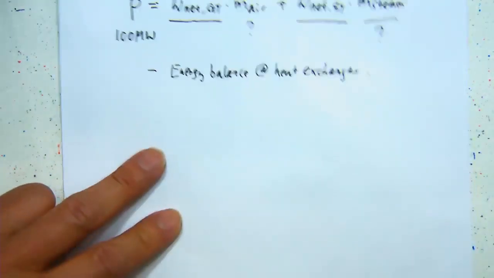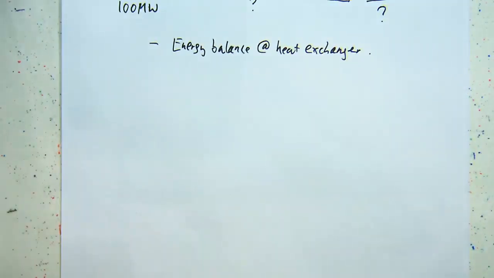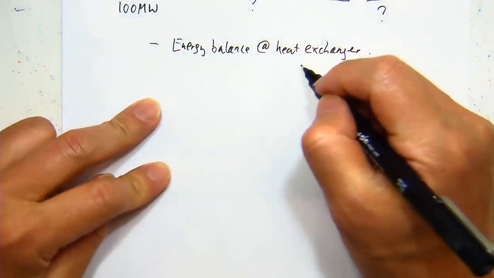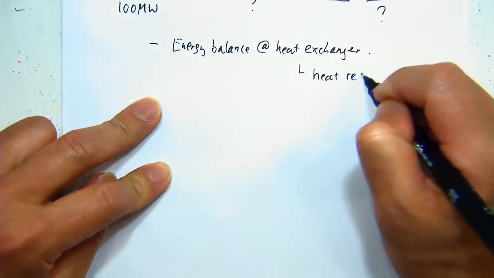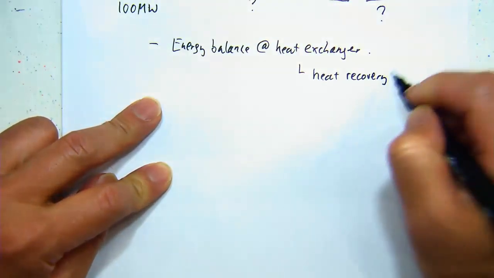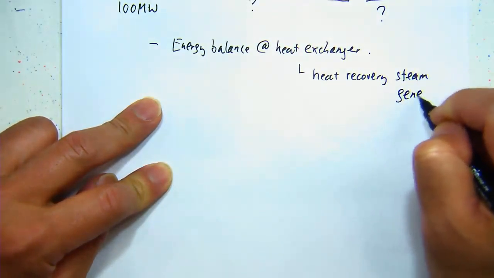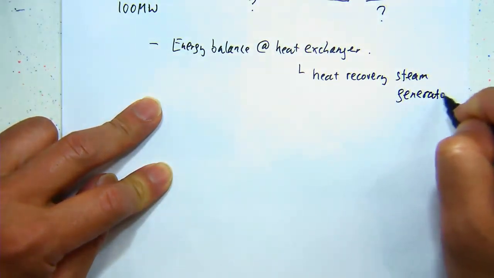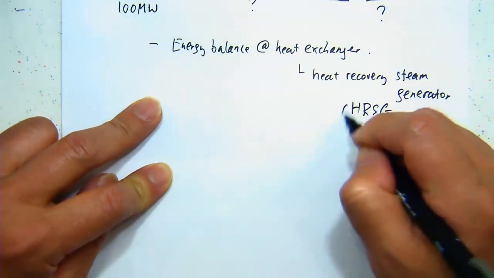We call it a heat exchanger, but in practice it has a more specific name. It's called heat recovery steam generator, or HRSG is its acronym.